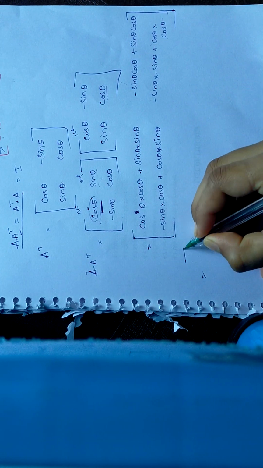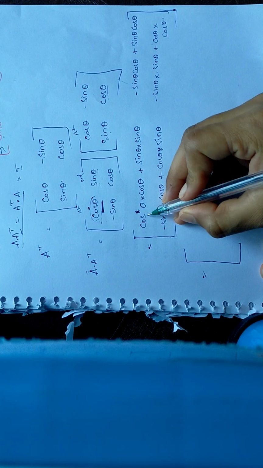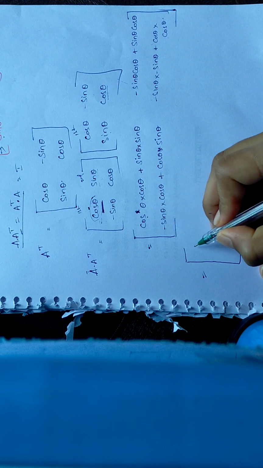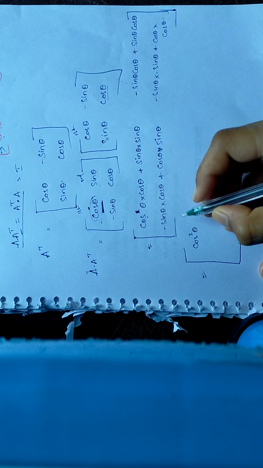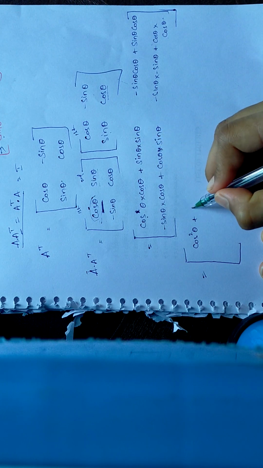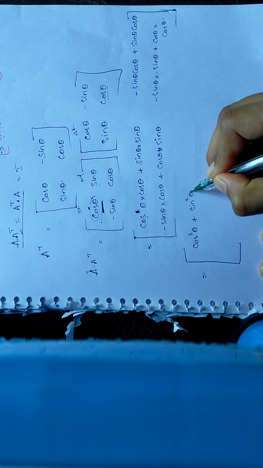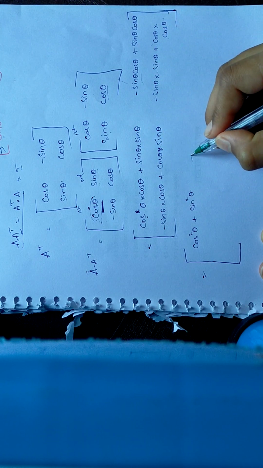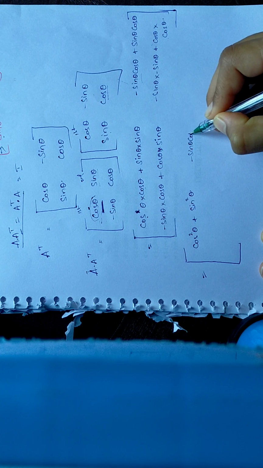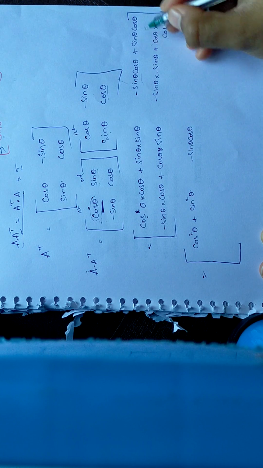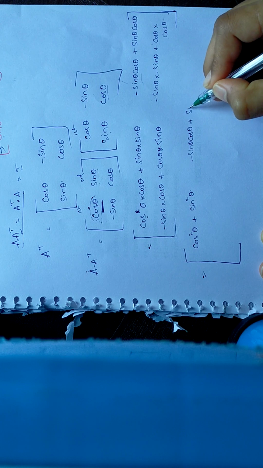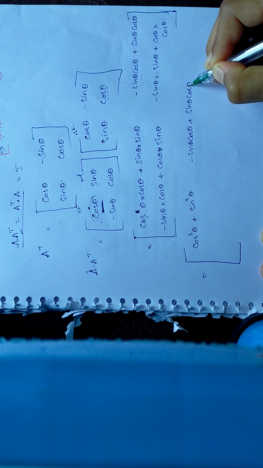Now let's solve this. What is cos theta into cos theta? Cos square theta, plus sin theta into sin theta is sin square theta. Again here minus sin theta cos theta, we can't solve it further, you have to write the same way. Again sin theta cos theta, same. Alright.